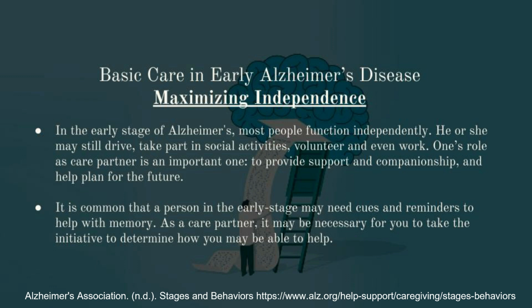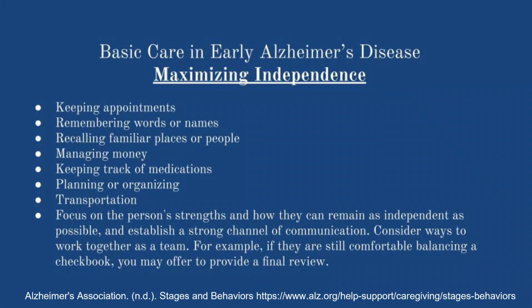It is also common that a patient in an early stage may need cues and reminders to help them with memory. Again, as a care partner, it may be necessary for you to take initiative to determine how you may be able to help. For example, he or she may need help with keeping appointments, remembering words or names, recalling familiar places or people, managing money, keeping track of medications, planning and organizing, transportation.